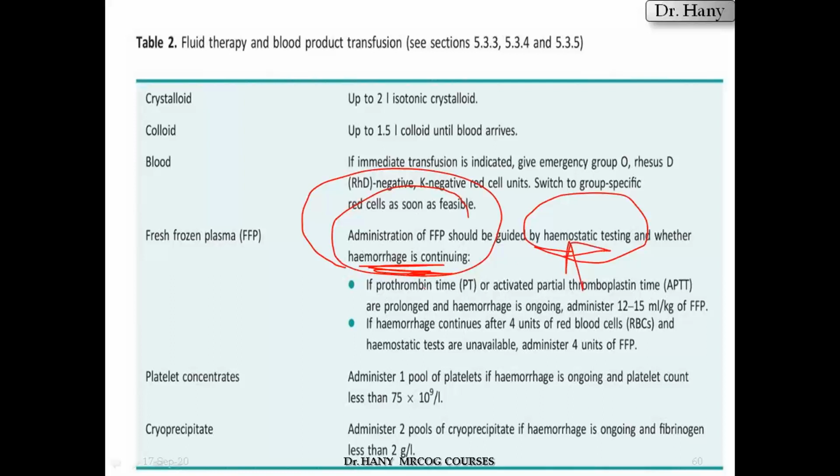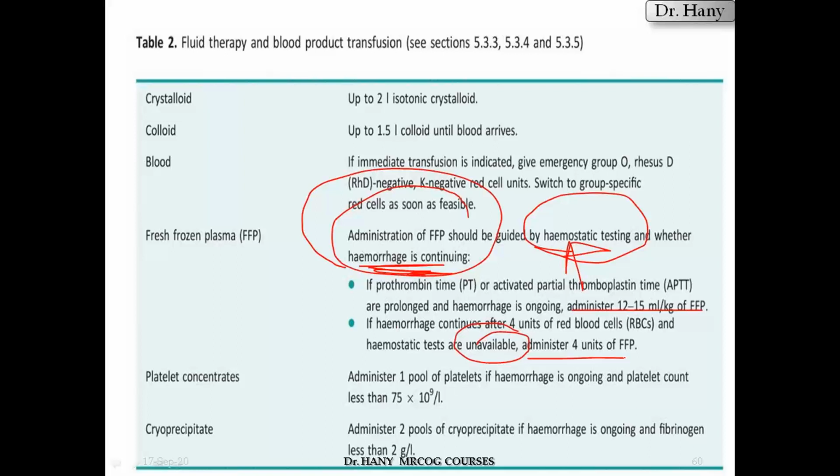If the prothrombin time or the activated partial thromboplastin time are prolonged and hemorrhage is going, give the specific dose, if you have the lab. If you don't have the lab, so you are alone and the lab technician is not there, and you give 4 units of blood, then you will give 4 units of fresh frozen plasma.